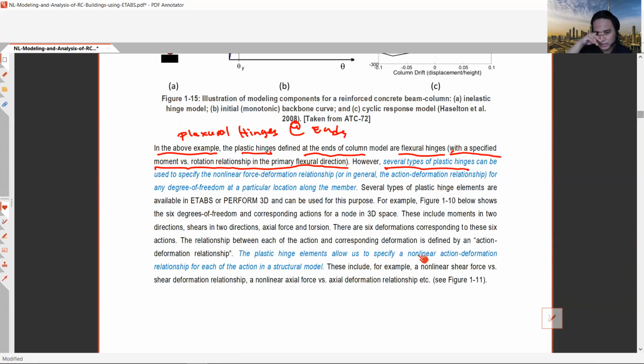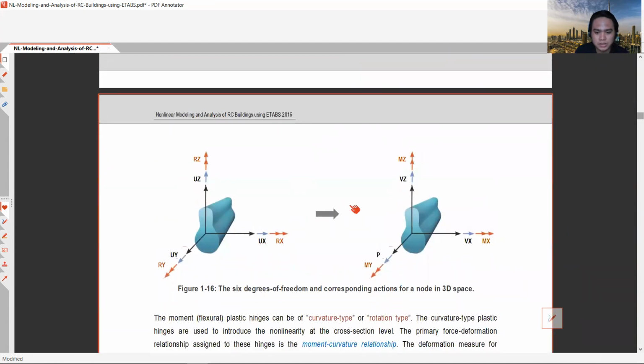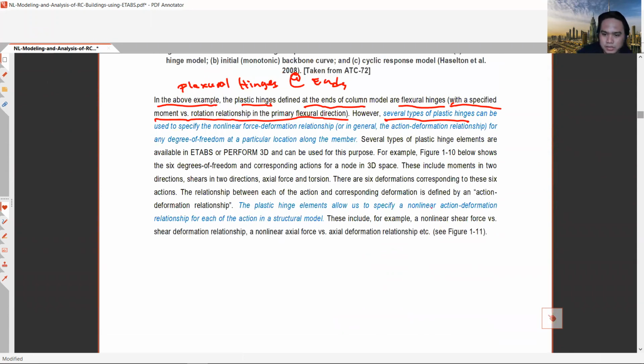Okay, so the several types of plastic hinge elements are available in ETABS or Perform 3D. Oh, tama nga. So it can be used for this purpose. So for example, figure 1-16 below, I think this should be 1-16, shows the 6 degrees of freedom and corresponding actions for a node in 3D space.